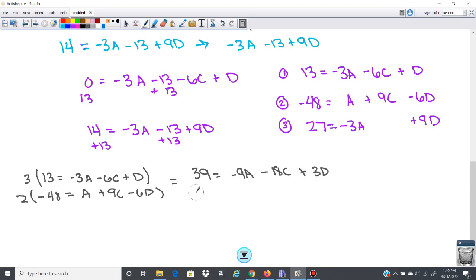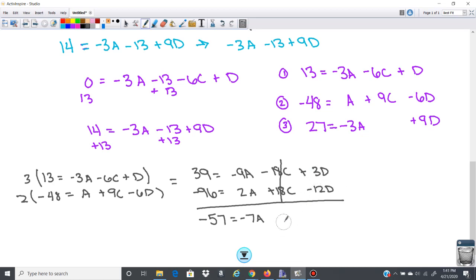Then over here, negative 48 times 2 should give me negative 96, and then equals 2a plus 18c minus 12d. And if I add these together, 39 minus 96 gives me negative 57. Negative 9a plus 2a will give me a negative 7a. The c terms eliminate, and I'm going to get a negative 9d there.